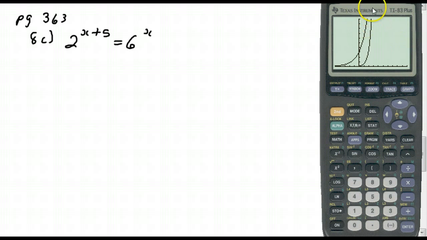Still not quite high enough, so let's go a lot higher, to 200, and we'll go by 50s. Again, here comes 2 to the x plus 5, and here comes 6 to the x. Still not quite high enough. Let's go to 300 and graph again.